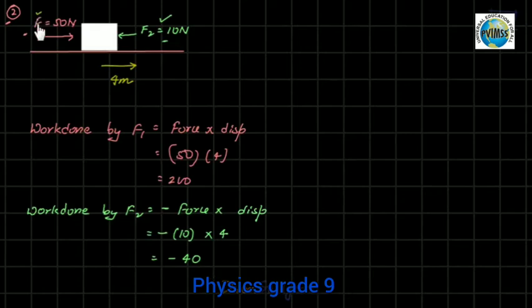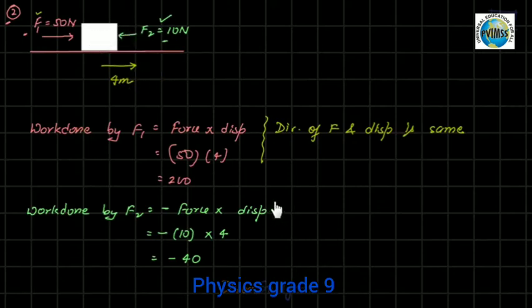In this case, F1 is 50 Newton, greater than F2, and the direction of F1 is the same as the direction of displacement. Displacement and force are parallel to each other. So the direction of force and displacement is the same. In this case, work done will be positive and we don't need to put any negative sign here.